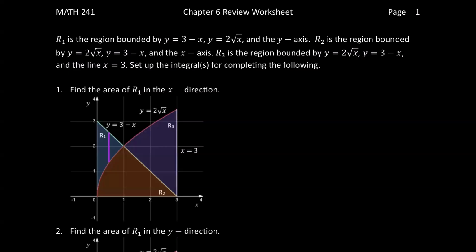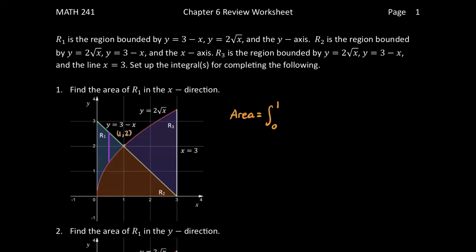The intersection here, that's (1, 2). Okay, so we go from left to right. The left x coordinate is on the y-axis, so it's 0. Right, we stop at 1. That's the intersection. The x coordinate is 1.